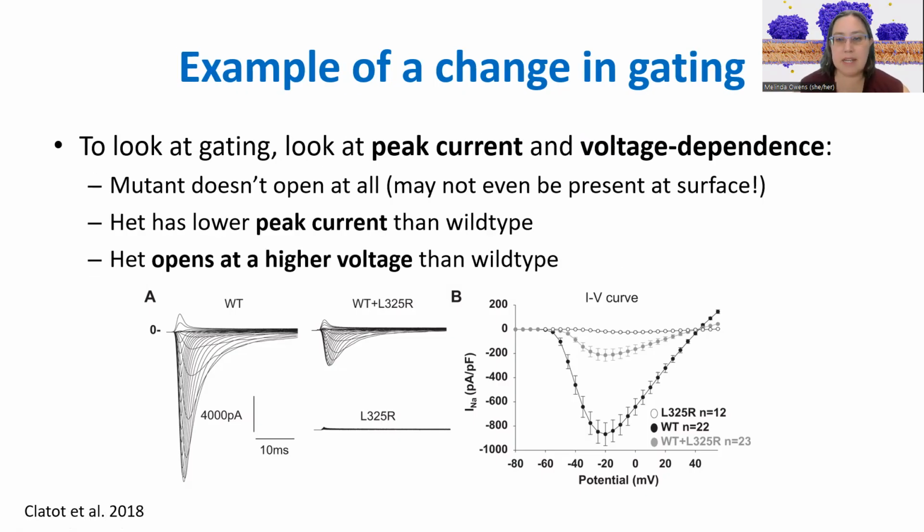One thing I'm often asked is, if you look at a curve like this, or scientific data like this, how do you know that these curves are significantly different from each other? These curves are pretty far apart, but there will be situations where the mutant and the wild type may be a lot closer than this.